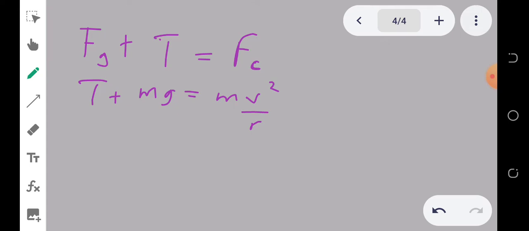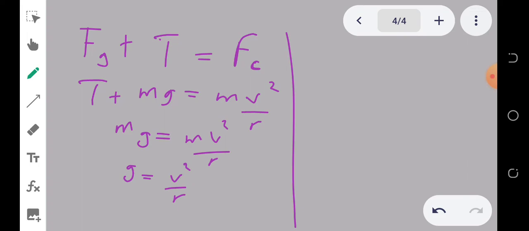So here we end up with mass times gravity equal to mass times v square over r, which means m is taken out, so g equals v square over r. From there, v square is equal to gr, hence v is equal to the root of gr.